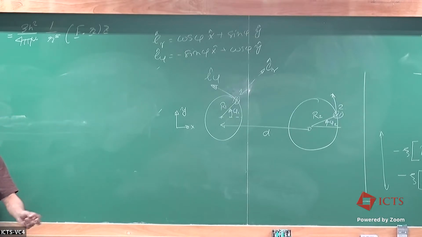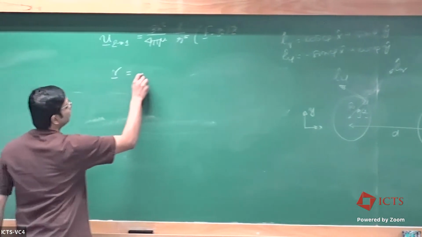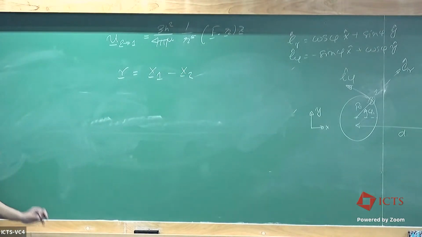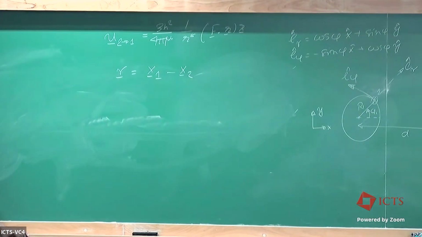The reason it's not force squared or force cubed, and everything is linear, is because Stokes flow is a linear problem. Velocity you generate is proportional to the force you're exerting, and vice versa. What is R? Well, R is x1 minus x2. It's just the difference of the positions of these two beads.